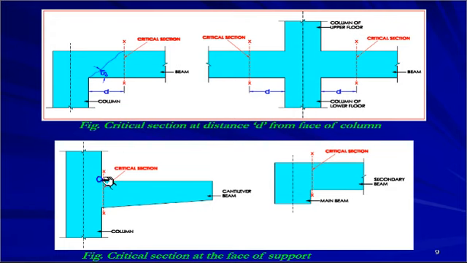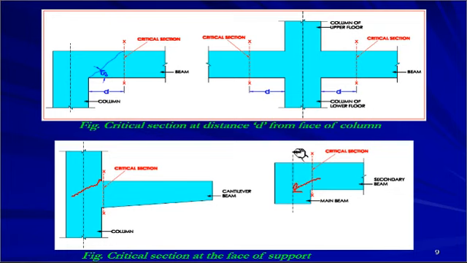Now case 2. If the column supports a cantilever beam, then obviously the crack which starts from here just proceeds somewhere into the support at an angle of 45 degrees, and hence the critical section is to be considered at the face of the support. The second case is when the secondary beam transfers load to the main beam and their tops are at one level.